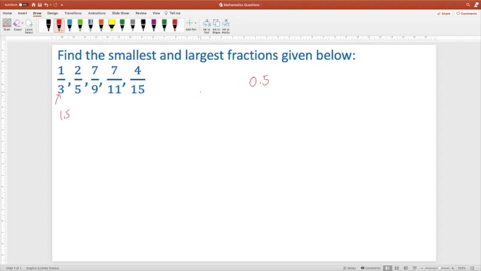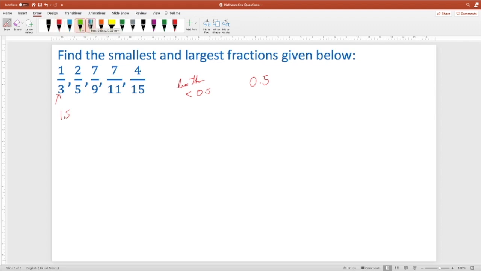So I'm going to create a group. This group, I call it less than 0.5. Okay, so I have the first candidate, that is 1/3.